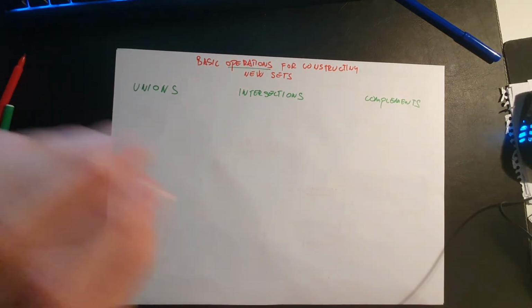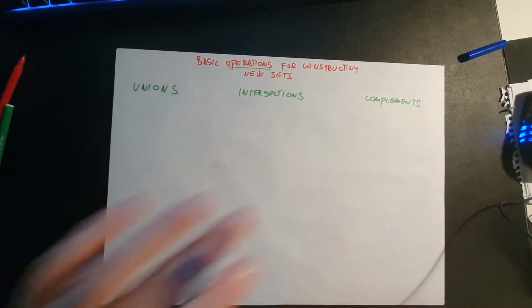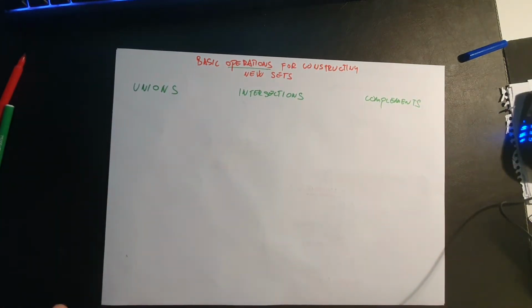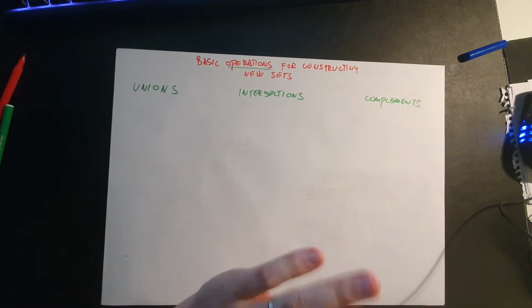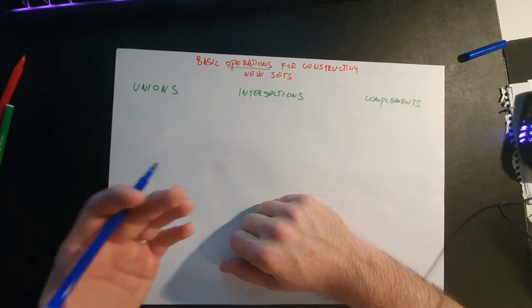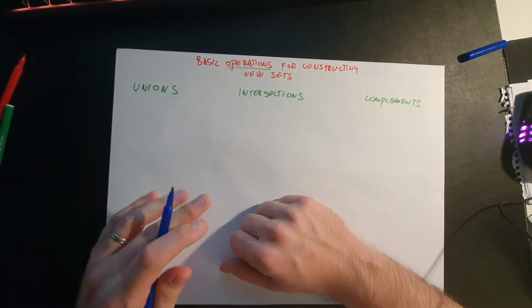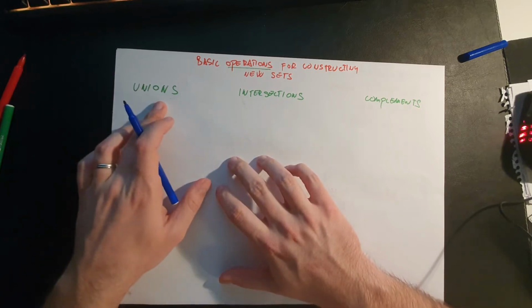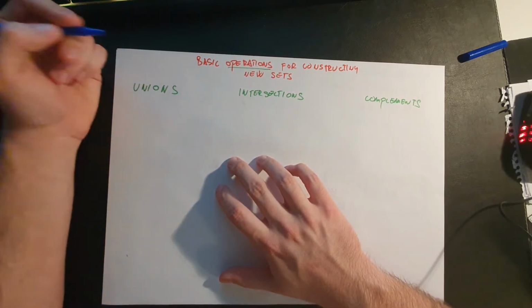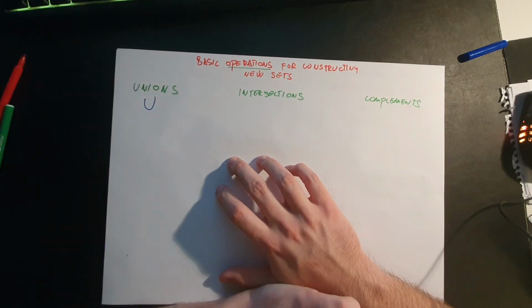Now, what you need to know is how do we write each of them down. Union is going to be like a big letter U. This is the union for us.